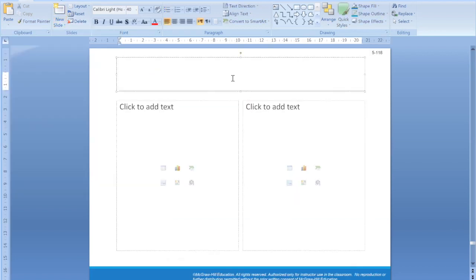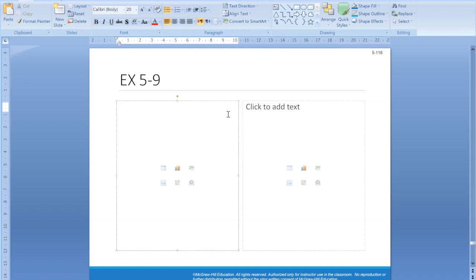So this is exercise 5.9, degree of operating leverage. The degree of operating leverage is equal to contribution margin divided by net operating income.